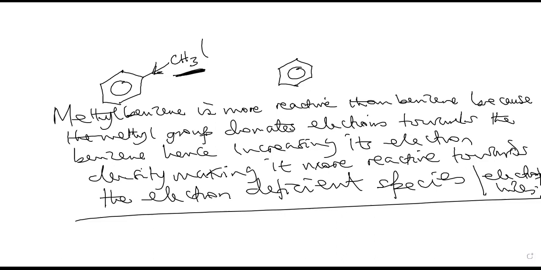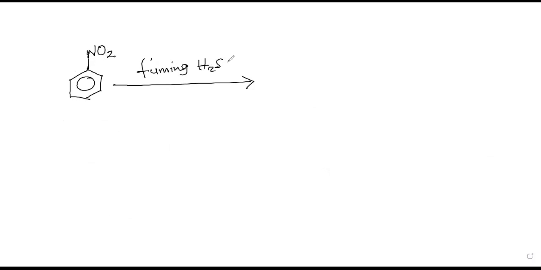For example, I want you to compare with this. If you're carrying out the same sulfonation, but instead of the methyl group we use a nitro group, remember, with the methyl group the products were directed to ortho and para. But this one is going to be the same reaction, which I'm going to carry out with fuming sulfuric acid at a temperature of 35 to 50.